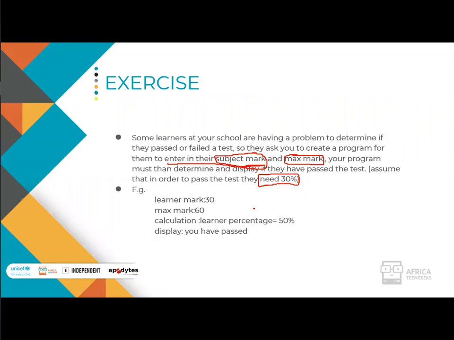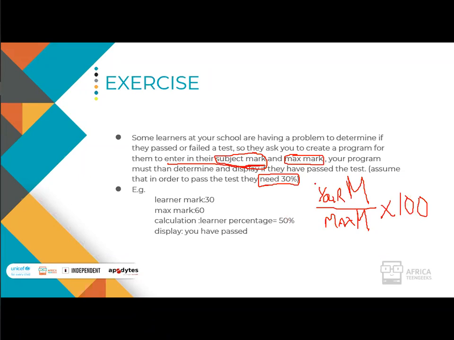That processing means you need to know how to calculate what the percentage is. And in order to calculate percentage, what we normally do is take your mark, so what the person has, we divide it by the maximum mark, and we multiply this by 100 to get a percentage.